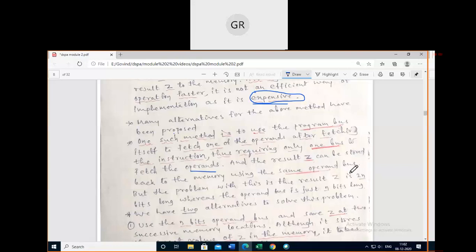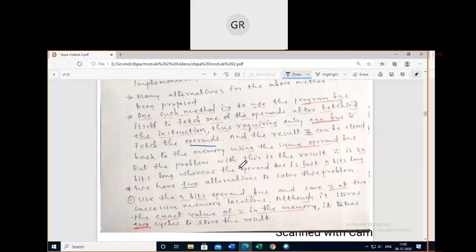But the problem with this is the result z is 2n bits long, whereas the operand bus is just n bits long. See here, through the program bus we fetch the inputs and outputs using the same data bus. Using the same bus we can also fetch z. The z means the product, but actually here z is 2n bits. Then how can we fetch it?